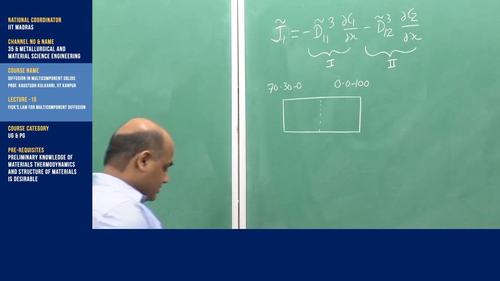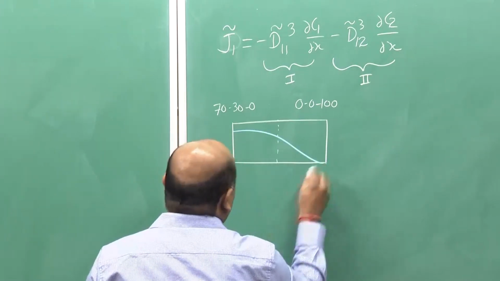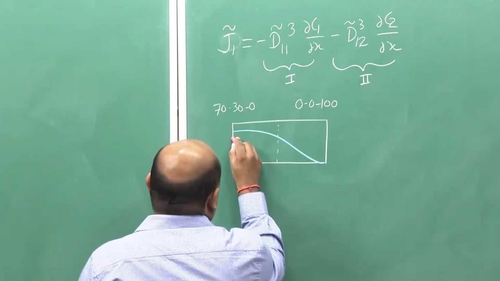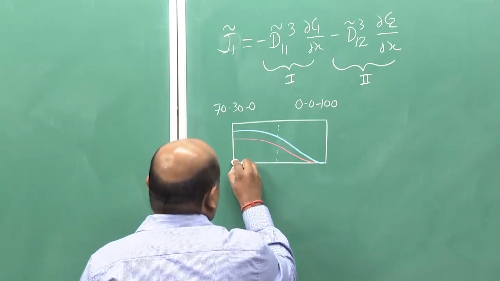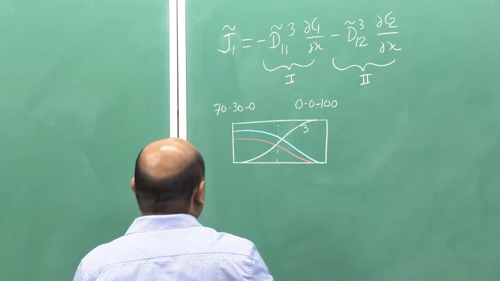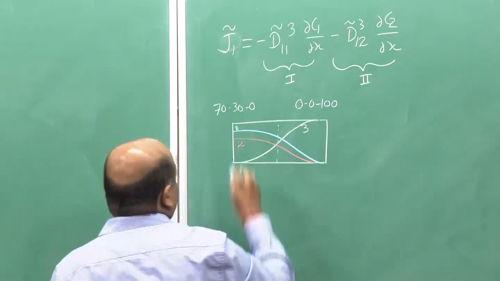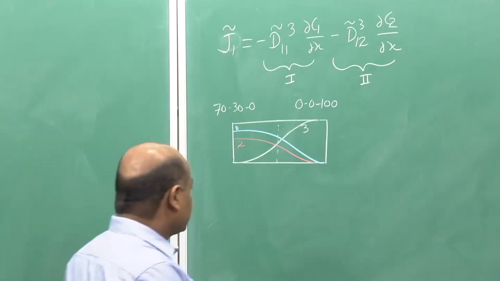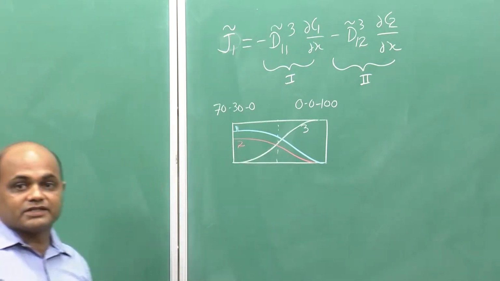If I write this as 1, this as 2 and this as 3, in the first case component 1 and component 2 are moving in the same direction.